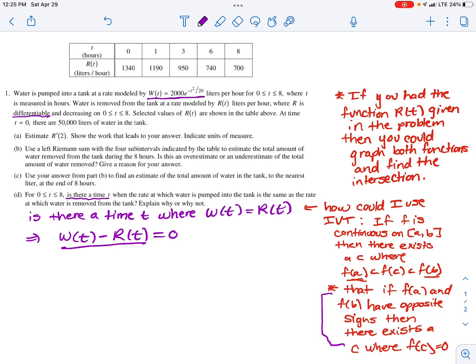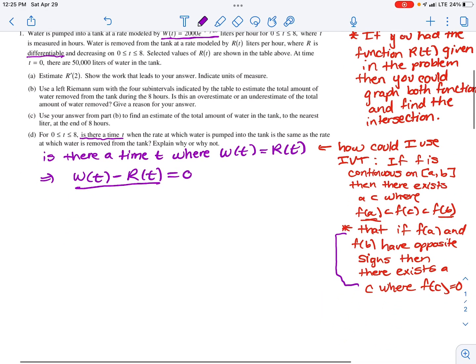Okay. So how I would start this, I'm going to use a different color.